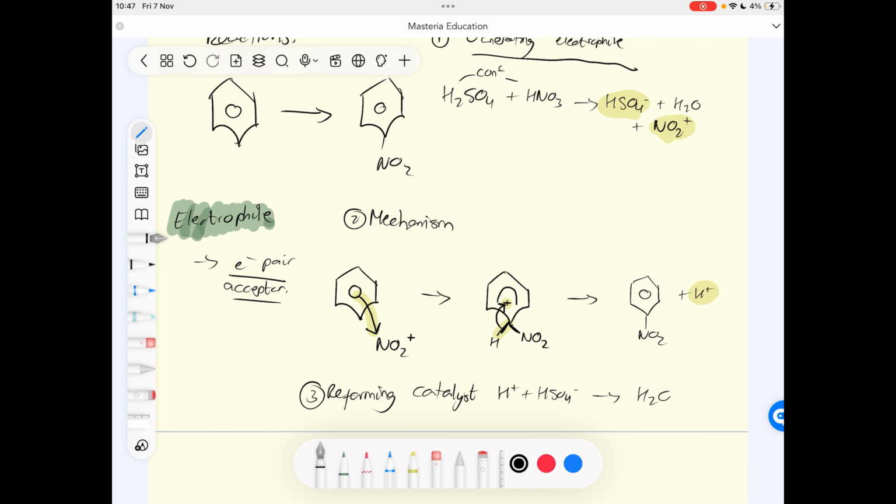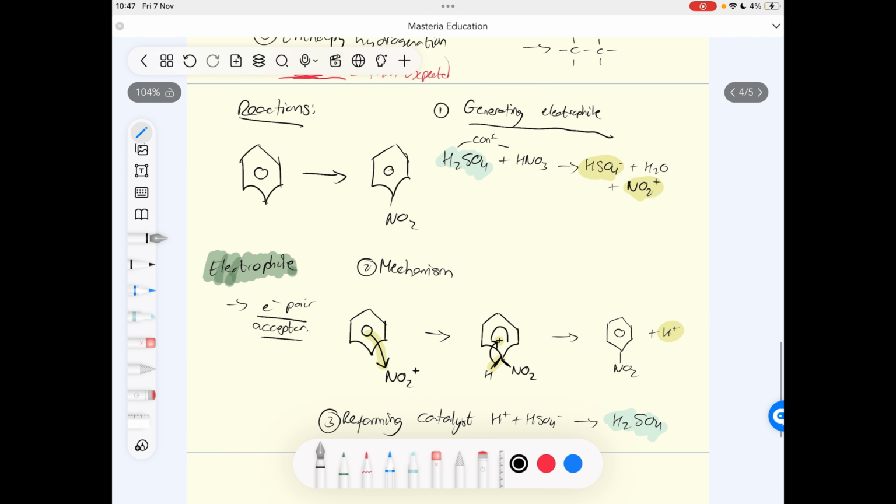And then we reform that molecule that was the catalyst at the start, which was our H2SO4. So essentially what we've got now, my H2SO4 has been reformed. And that is actually what the definition of a catalyst is. It's something which speeds up the rate of reaction, but it itself isn't used up in the reaction.